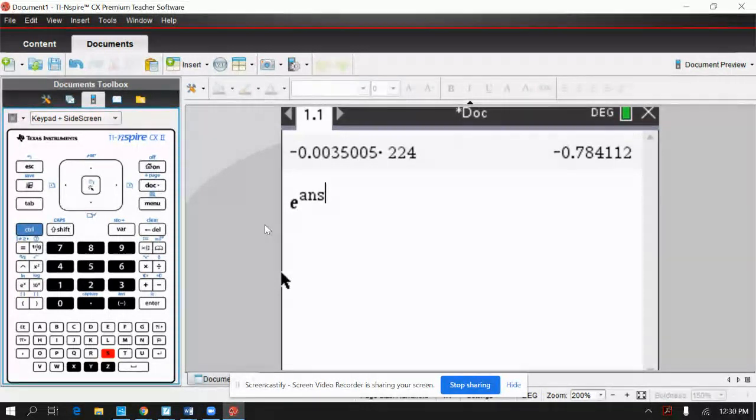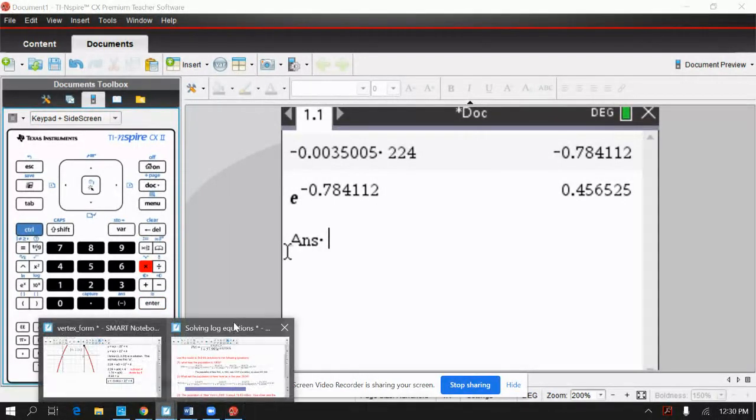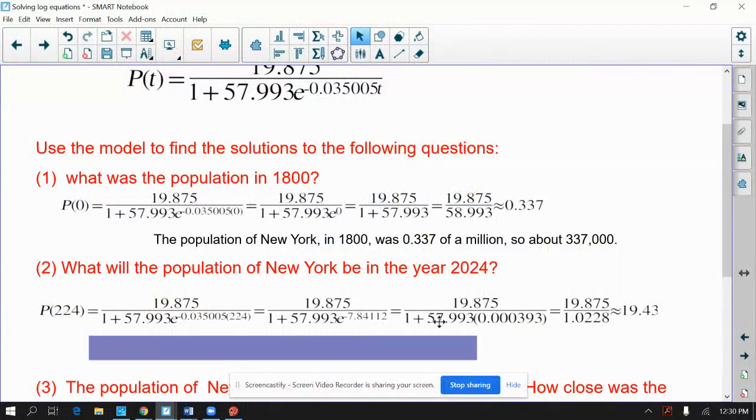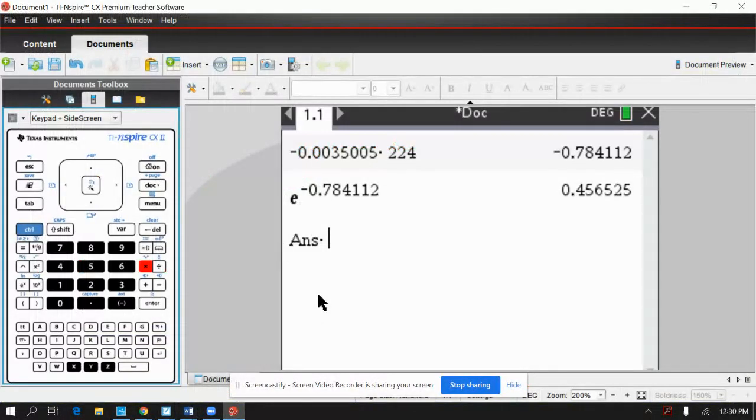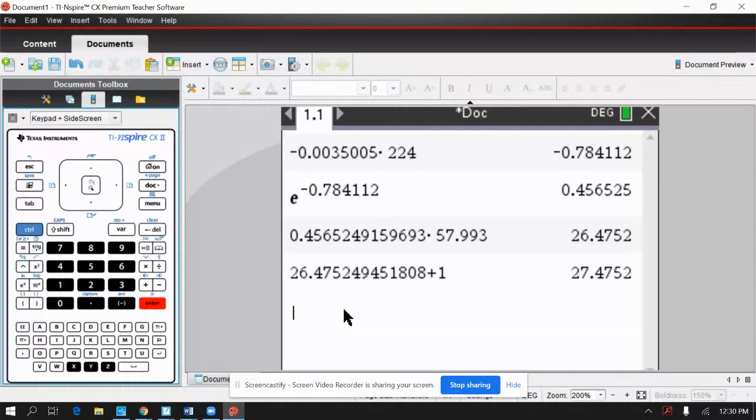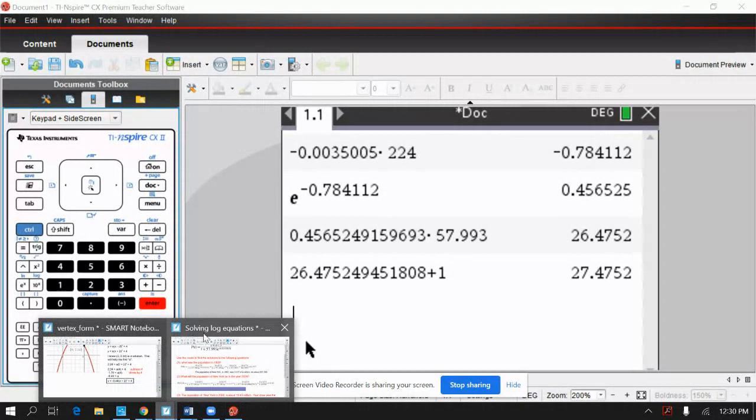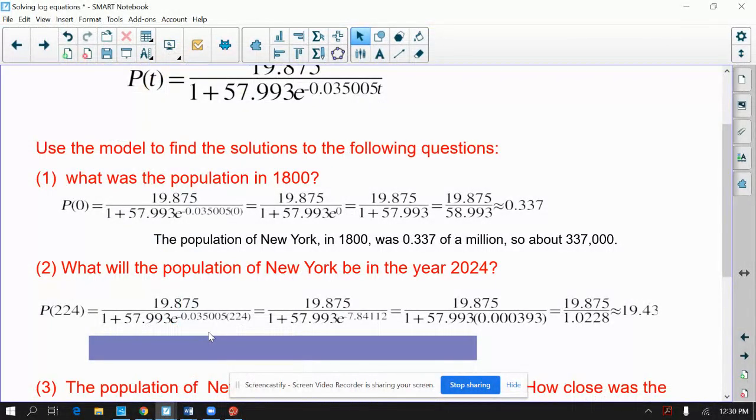So that will be the last answer that you just got, which was e raised to that number is this. I need to multiply this by that 57 number, which I forgot already, 57.993. And then I add 1 to that. So I get 27.4752.